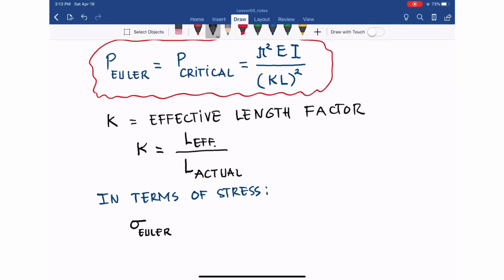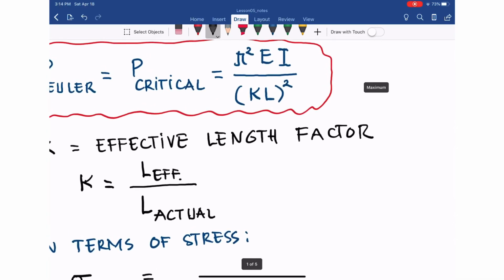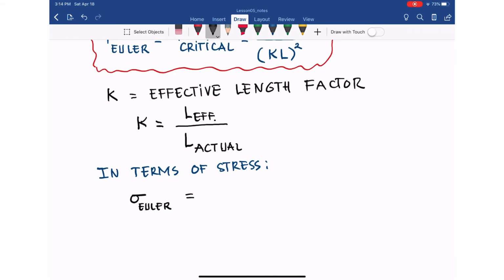As you can see, sigma equals P over A, so let's take P critical in that equation and divide by the area of the member. With that, we have pi squared E over K L over r, squared.